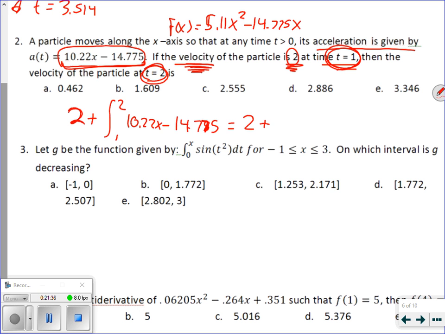So this will be equivalent to doing capital F of 2 minus capital F of 1. Okay. And I'll let you write that out and try that on your own. But if you were to correctly do this, talk about the 2 plus the accumulated velocity, you'd be left with C.